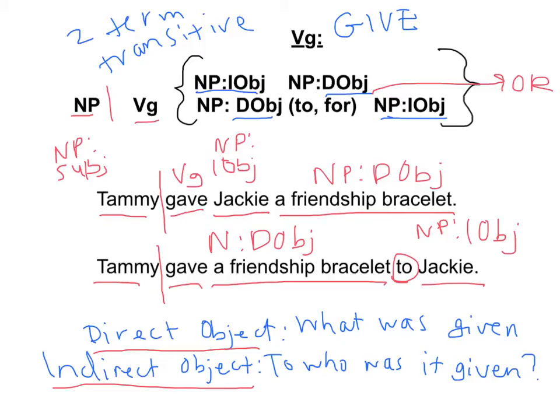So a couple things you're going to need to know how to do this successfully. First of all, you're going to need to remember what type of verb it is. You're going to need to be able to identify what type of verb exists in a sentence. Then you're going to need to remember the sentence formulas.